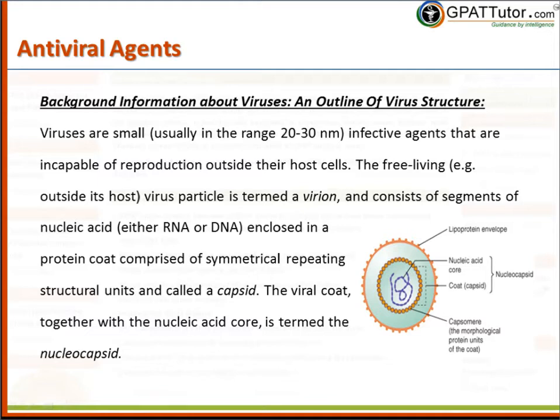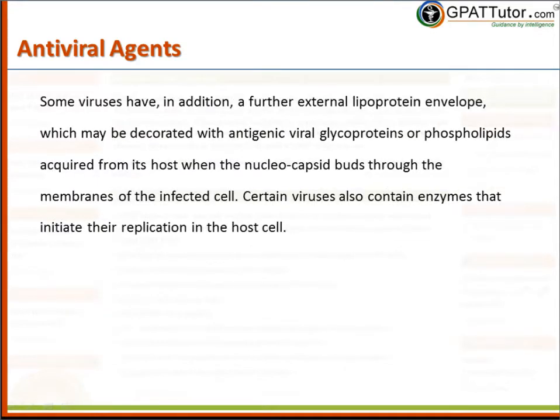That nucleic acid is enclosed and protected by a protein coat. The protein coat is present in a symmetrical repeating structural arrangement known as the capsid. The viral coat together with the nucleic acid core is collectively known as the nucleocapsid. That means the nucleic acid is enclosed in a protective protein coating.